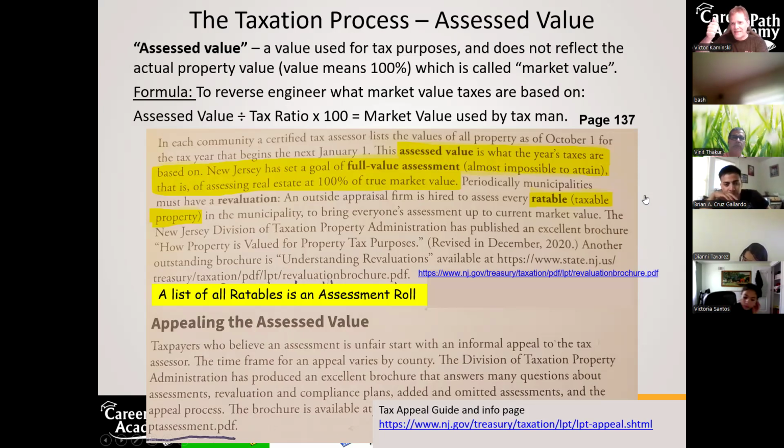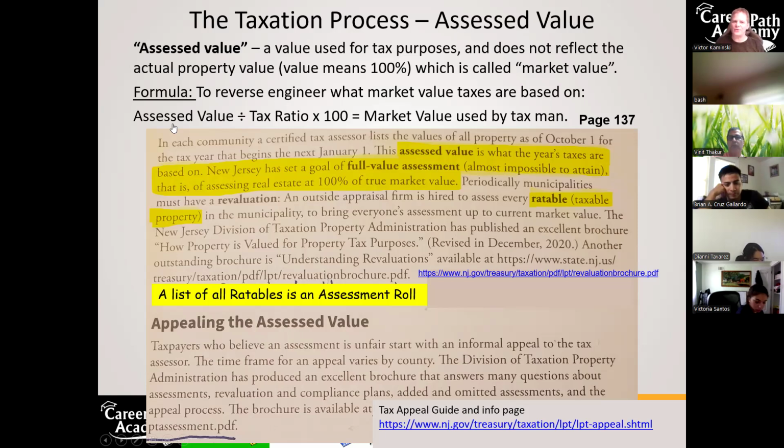I need to know what the tax ratio and the tax rate is that you used on my property. The tax ratio is the number that you multiply the assessed value by.